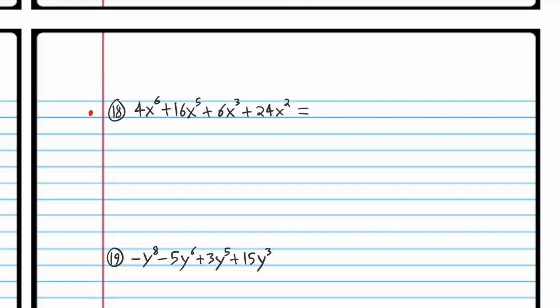And in this case, I think it's going to be 2x squared. And then we're going to be left with 2x to the 4th, and so on and so forth.